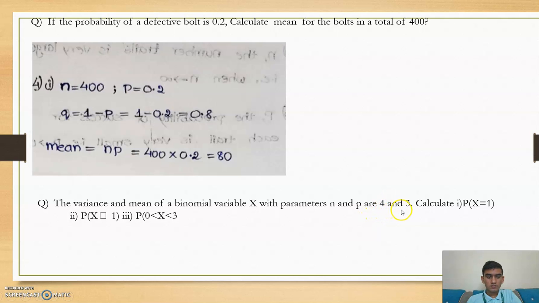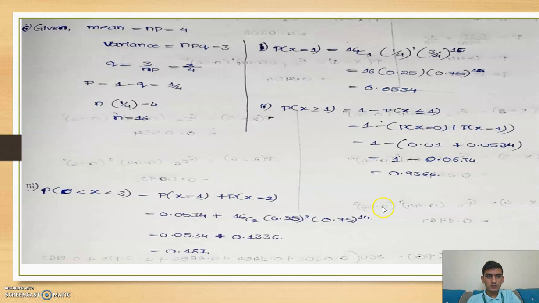Mean and variance are given as 4 and 3, so we will substitute in the formulas np is equal to 4, npq is equal to 3. With this we will find the values of q, p and n.